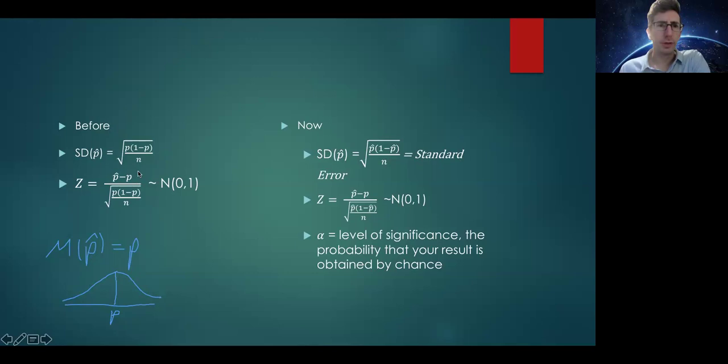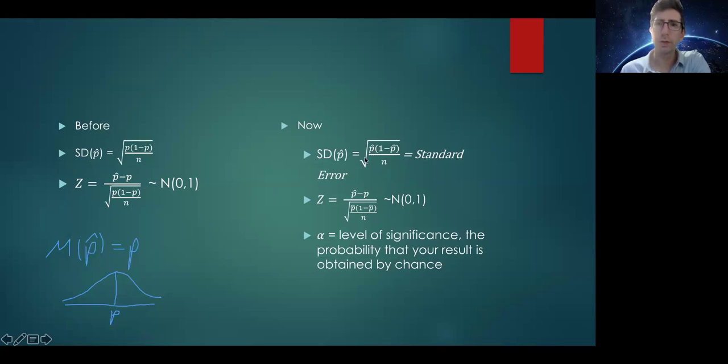So now instead of using the population proportion in these formulas, the z formula also used p hat minus the population proportion, divided by the standard deviation of our p hats, which again required the population proportion. Now we're just going to use p hat in place of these population proportions for our standard deviation.